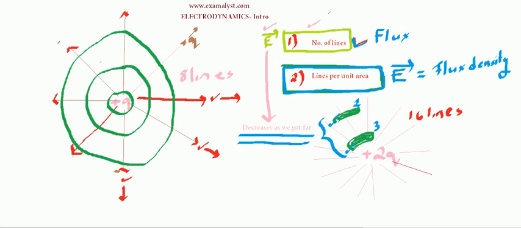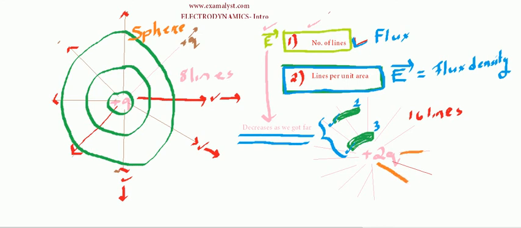Now some more interesting stuff coming up. Please understand that these are not circles, these are actually spheres, because we are talking of electric point charges in space, and these point charges have electric field lines. Look, I'm drawing electric field lines.